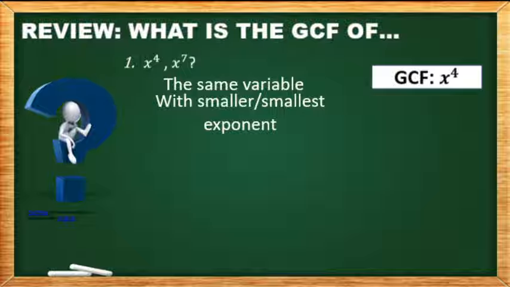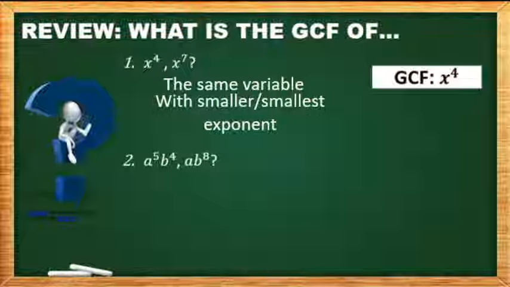Number 2. Tignan natin kung kaya na natin with these two rules. Okay, number 2, we have a raised to 5, b raised to 4, and a, b raised to 8. Ang a na yan, the exponent of a is 1. So let us check first. They have the same variable. We have two terms or two expressions, with the exponents of the first one, 5 and 4, and the second one, 1 and 8.